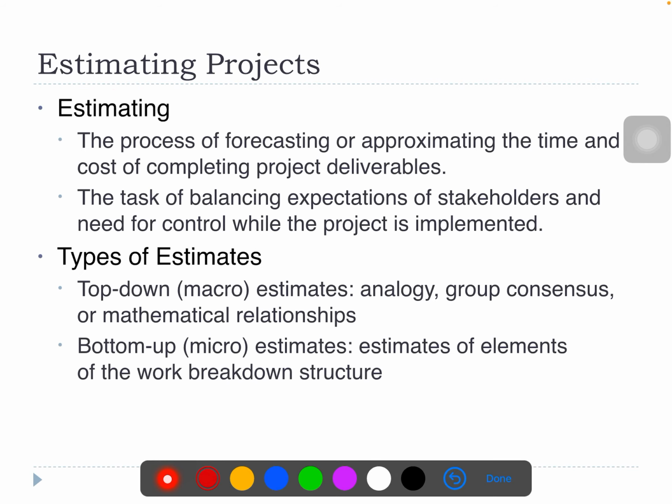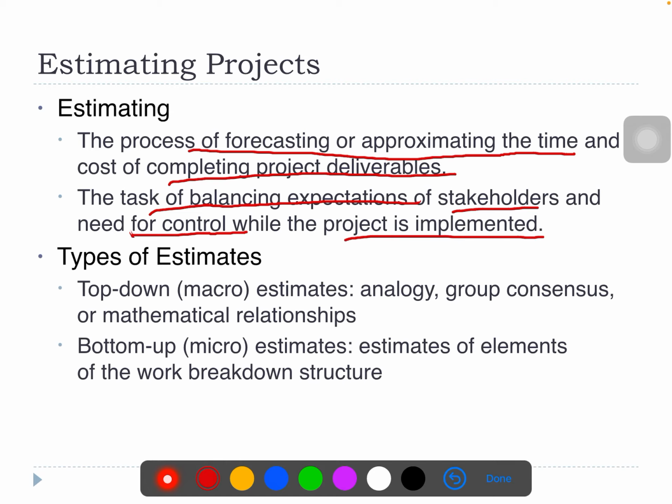Estimating is a process of forecasting or approximating the time and cost of completing project deliverables. It is the task of balancing the expectations of stakeholders and the need to control while the project is implemented.